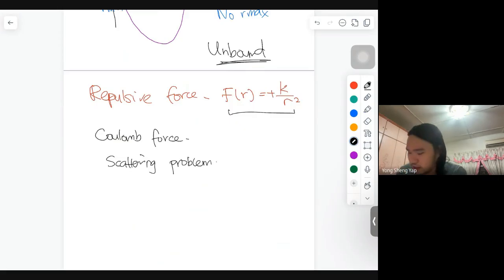So if you have a positive charge, which is very heavy, so it's very near the center of mass, and then you have a small particle, for example, an electron.